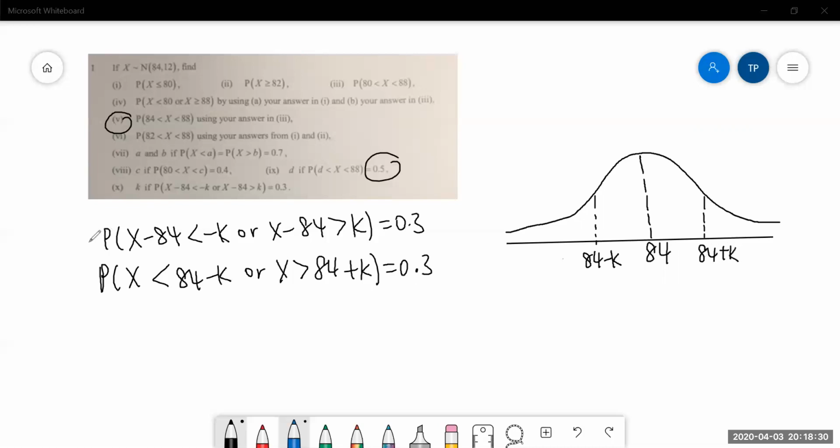This manipulation was very crucial to make X the subject of the inequality. Because with this manipulation, we can see things a bit clearer. X greater than 84 plus K is this part. So 0.3 divided by 2.